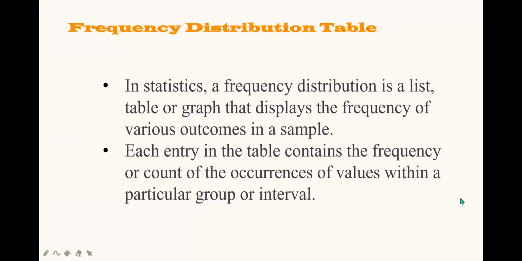Continuing. A frequency distribution table in statistics is a list, table or graph that displays the frequency of various outcomes in a sample. Each entry in the table contains the frequency or count of the occurrences of values within a particular group or interval. But in my example, I still don't have the interval, simply because that is what I call ungrouped data.